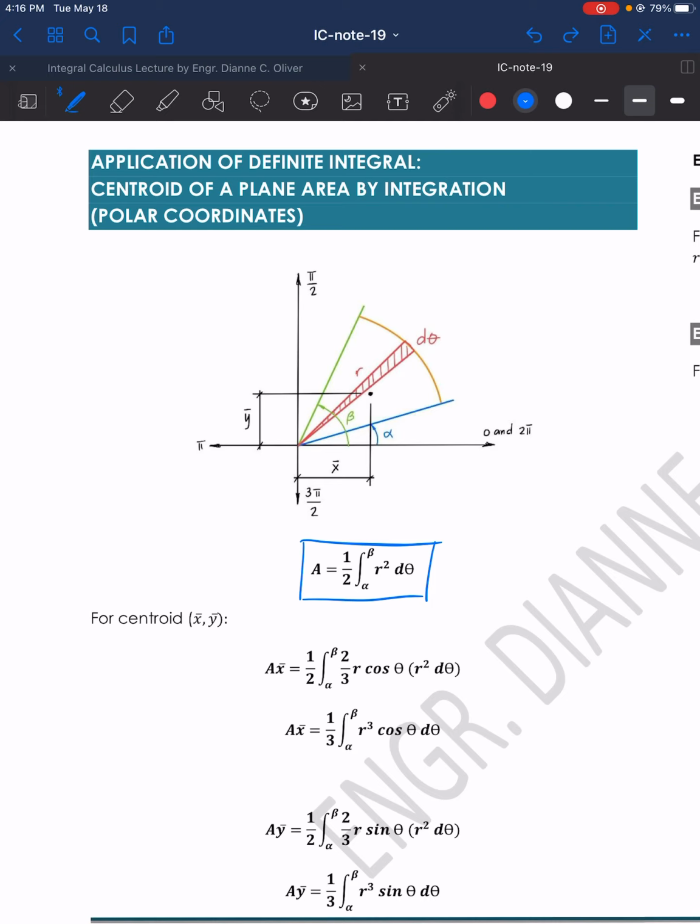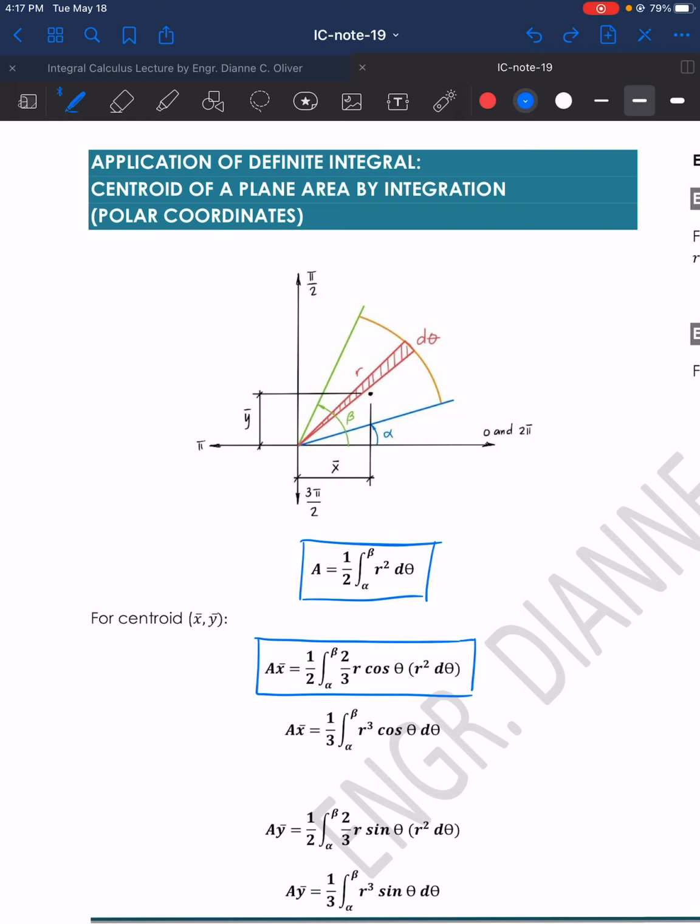Now for centroid, we have this formula. This is the general formula. We have the A, or the area, which is this one here. The x bar is equal to 1/2 integral of the 2/3 of r cosine theta times the area r squared d theta.